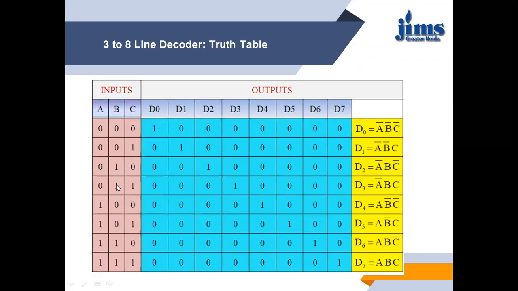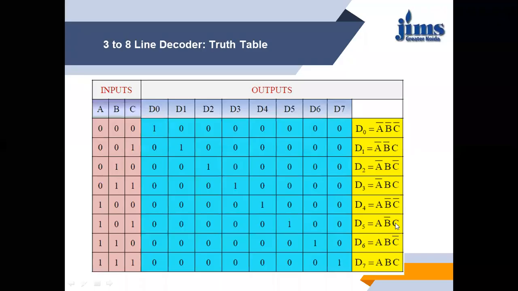For D3, it is 0 1 1. That is A bar, B, C. D4, it is 1 0 0. That is A, B bar, C bar. D5, it is 1 0 1. That is A, B bar, C. D6 is 1 1 0. That is A, B, C bar. And D7 is 1 1 1. That is A, B, C.